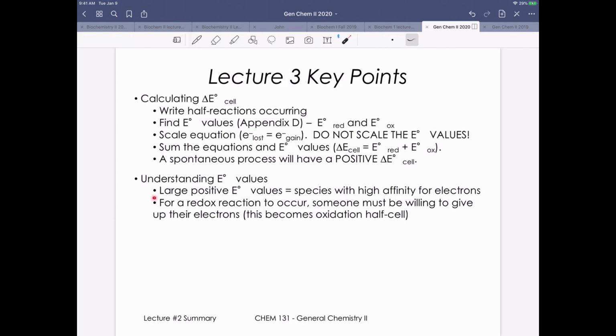And again, understanding that a large positive E cell is going to be the most favorable process. So, we're not going to get into delta G yet, but we hinted at delta G at the beginning. Delta G being a spontaneous reaction is going to be negative. Delta E being a spontaneous reaction is going to be positive. In our next lecture, we're going to pull this all together and we're going to learn an equation that allows us to relate delta G and E cell.